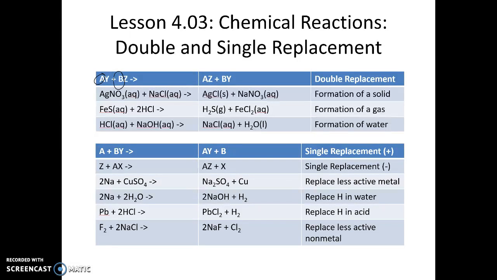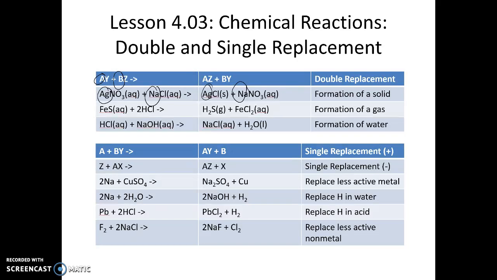So if we look at our first example here for double replacement reaction, for this reaction, if it's going to occur, silver is going to be taking the place of sodium. And what we see here is they have indeed switched partners. Our silver is now sitting with the chlorine, and our sodium is now sitting with our nitrate. So the basics behind it is two binary compounds, and you should see a double switch.